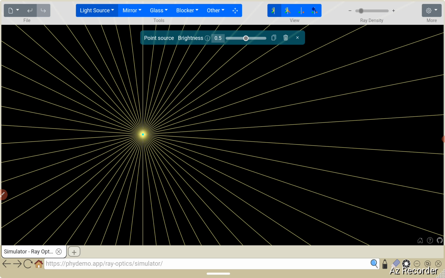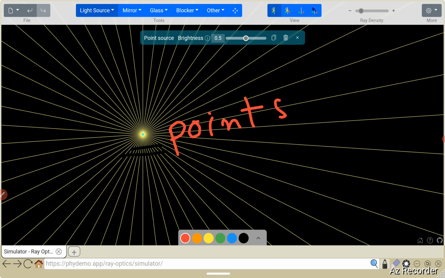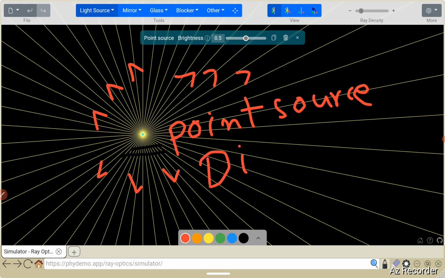From one point we have so many light rays, correct? Now this is the point source and it is giving what type of light? From this the light rays are going, correct? From one point you have so many light rays going, that means it is called a divergent beam, correct?